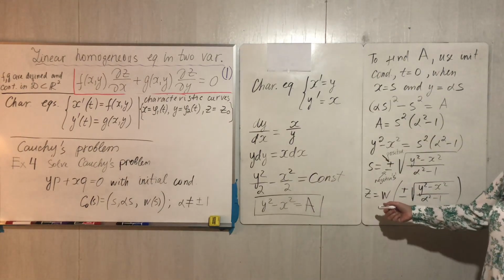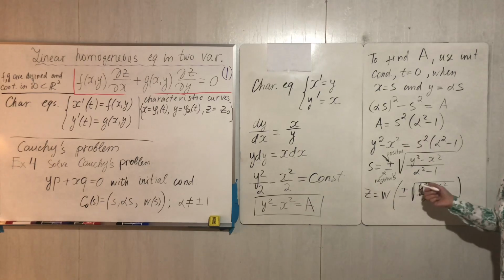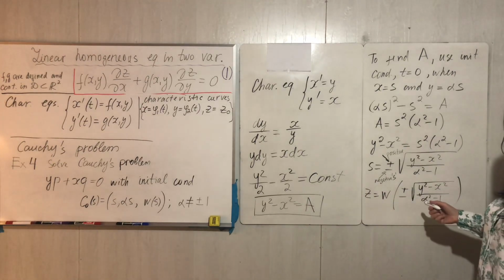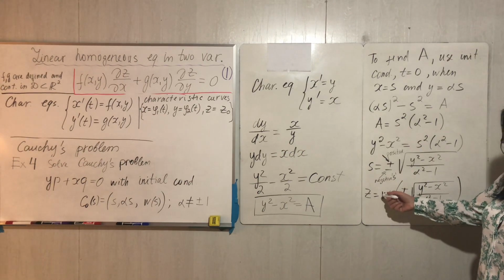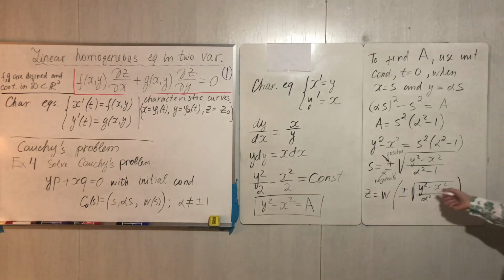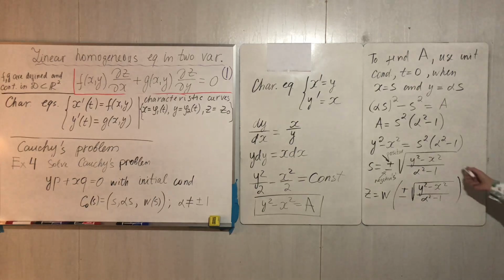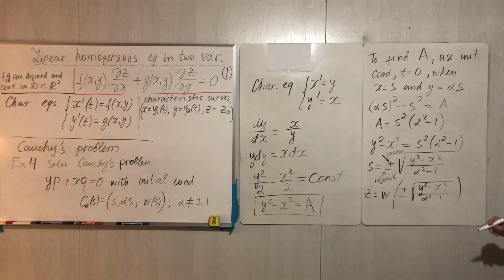We are looking for a solution in the form of z equals some function of s and t, and by plugging this into the equation, we'll have w of s, and that will give us our surface.